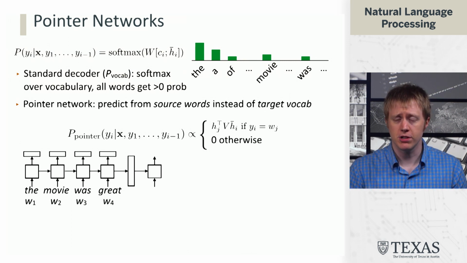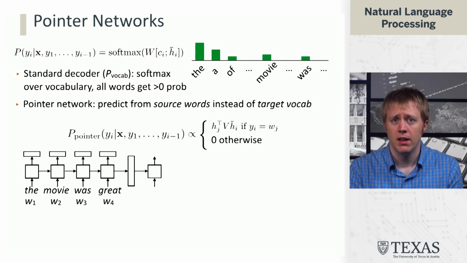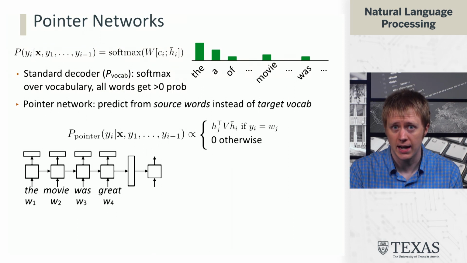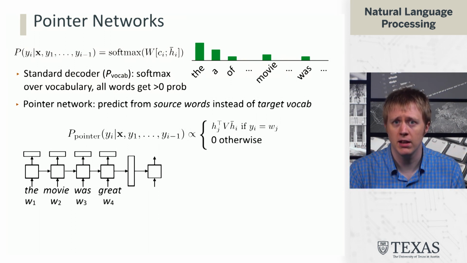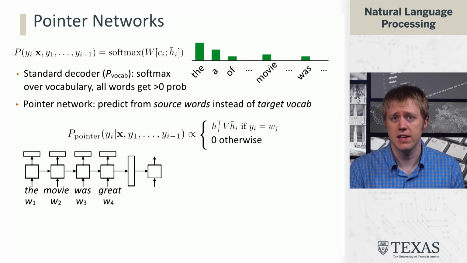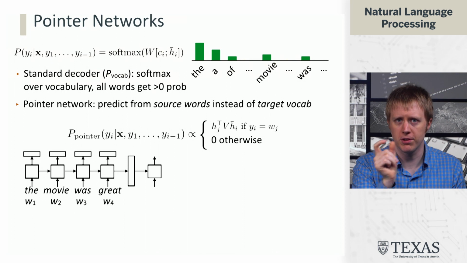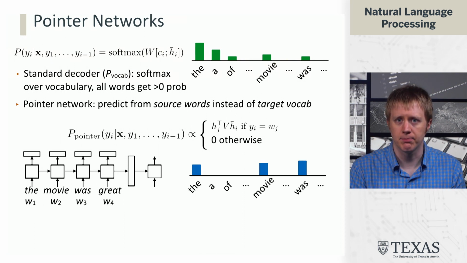So we have a distribution here over values for y_i that is log proportional to h_j transpose times V times h bar_i. You need to exponentiate this and normalize it, so you need to do a softmax here. What this is basically saying is that we're going to form a distribution over these source encoder states, and that distribution is going to place probability mass on the possibility that we generate w_j, the corresponding word from the source, as the output y_i.